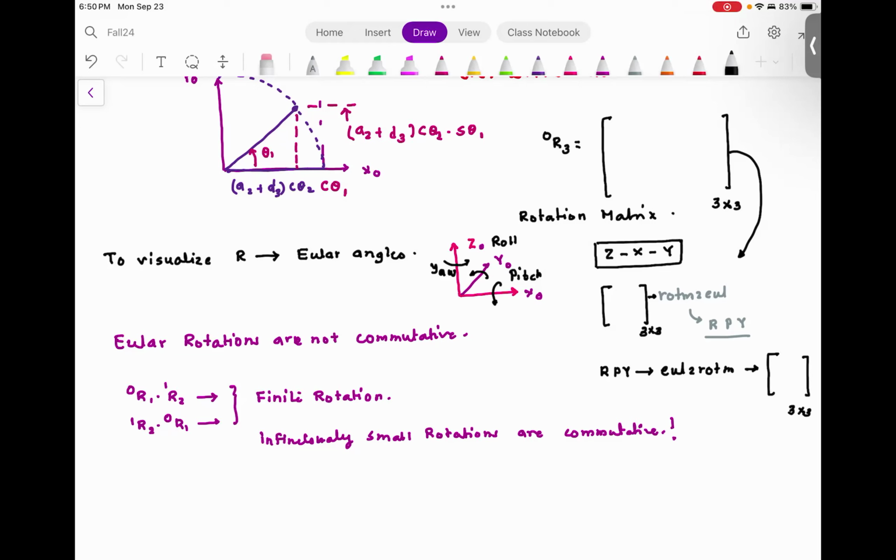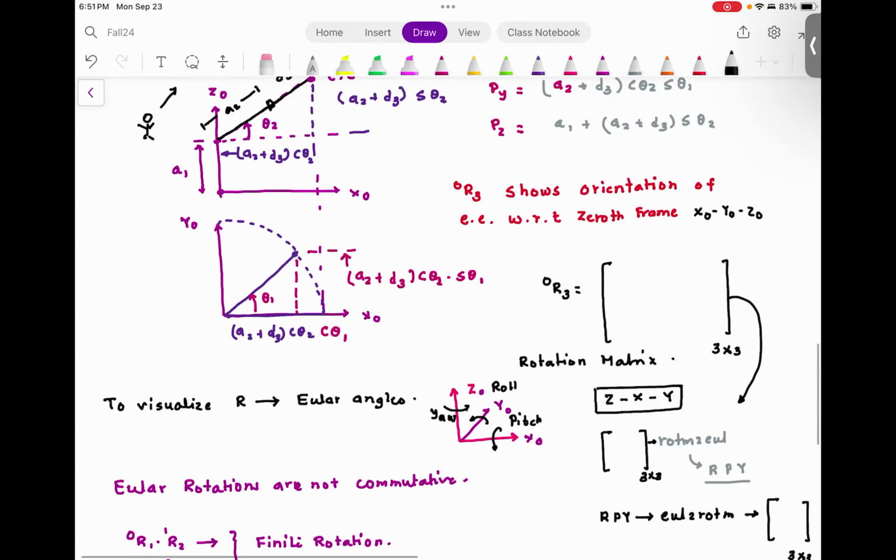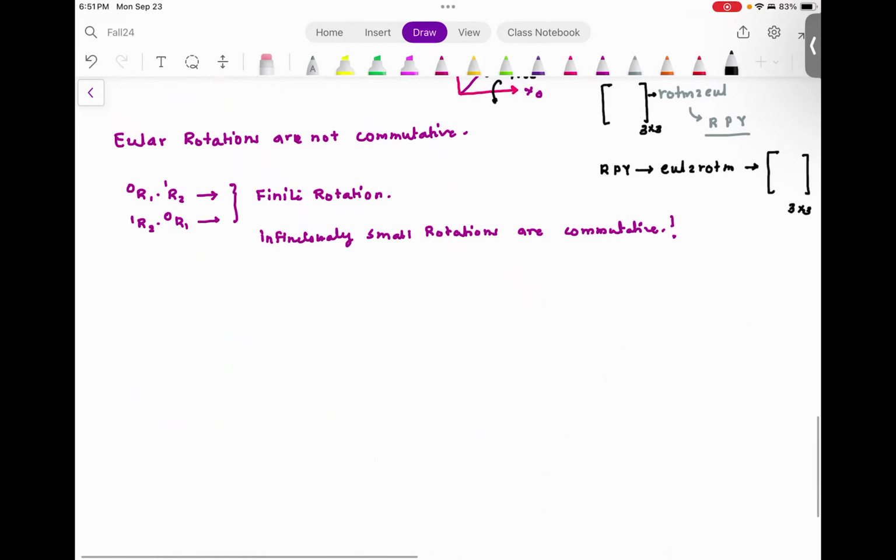So when it comes to plotting or visualization, the angles are expressed in Euler angles and the robot configuration is drawn. Everyone understood this? This is an important comment: small rotations are commutative, large rotations are not. In the next class, I will show you with matrix manipulations why that is.